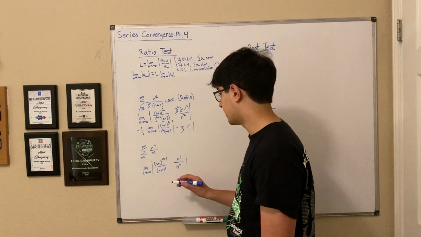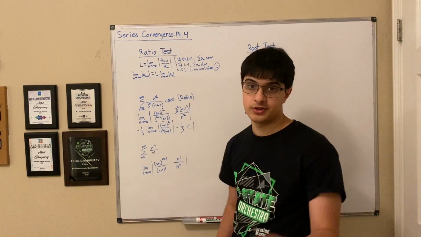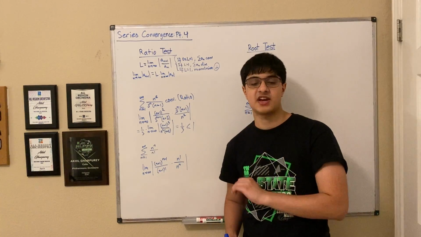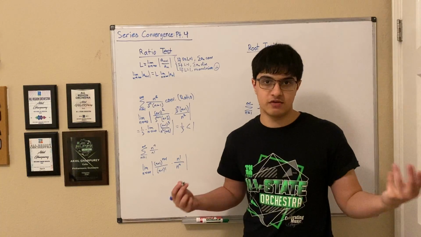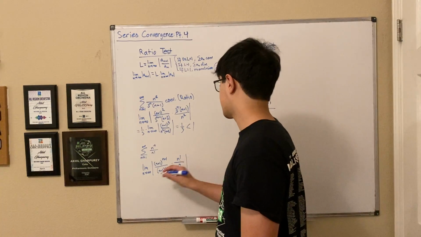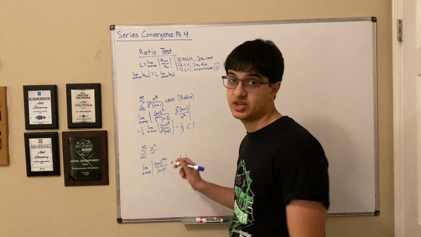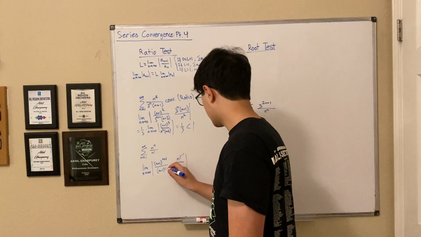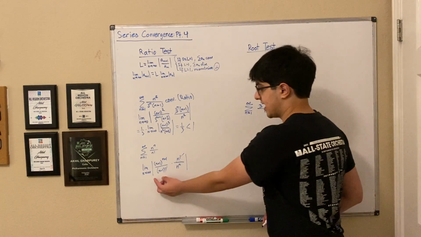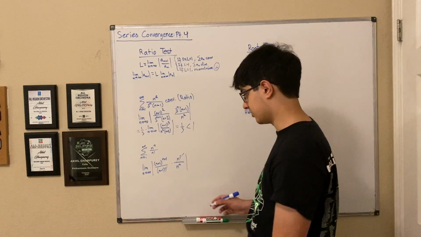Notice that (n plus 1) factorial is the same as (n plus 1) times n factorial, based on the definition of the factorial. Since we'll have an n factorial in both the numerator and the denominator, we can cancel it out, and we'll just be left with the n plus 1 in the denominator.